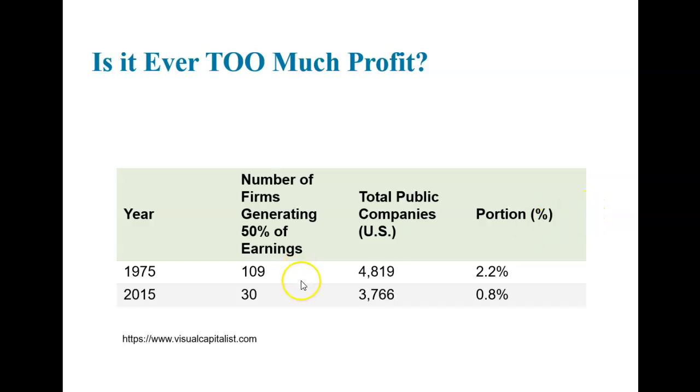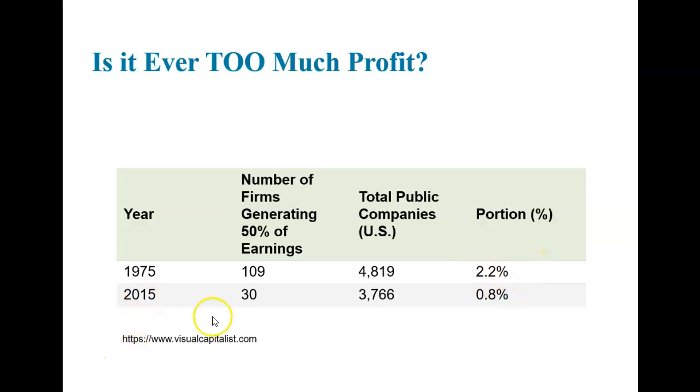In 1975, the number of firms generating 50% of the earnings from the economy was 109. There were 4,819 total public companies. The portion of that profit was 2.2%.